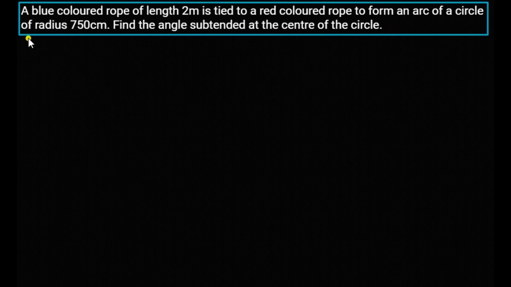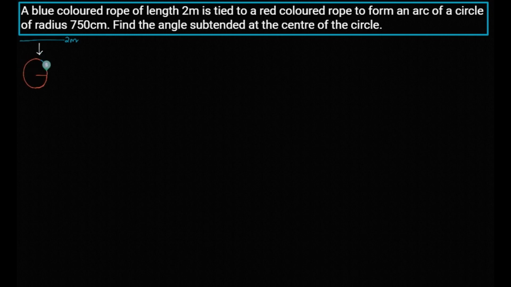So the question is, a blue colored rope of length 2 meters is tied to a red colored rope to form an arc of a circle of radius 750 centimeters. Find the angle subtended at the center of the circle. So first let us visualize the question. A blue colored rope of 2 meters is tied to a red colored rope to form a circle of radius 750 centimeters.